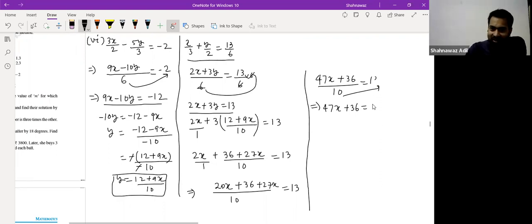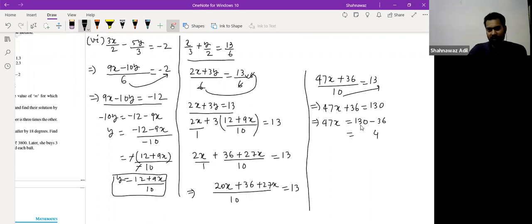So yes, 130. So 47x is equal to 130 minus 36. So this will be 94. Now this is simpler.